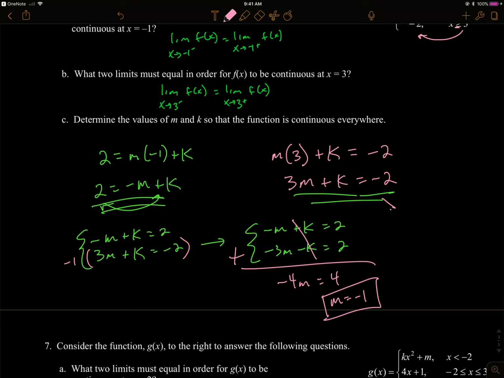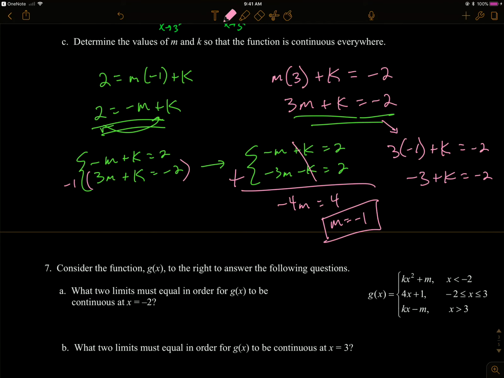I'll use this one right here. 3 times -1 plus k equals -2. Let me write that a little better. So I get -3 plus k equals -2. I add 3 and I get k equals 1. There's my m and my k that would make it continuous.